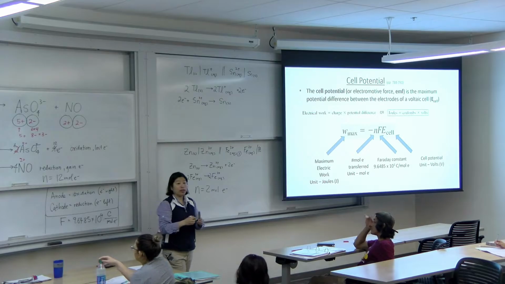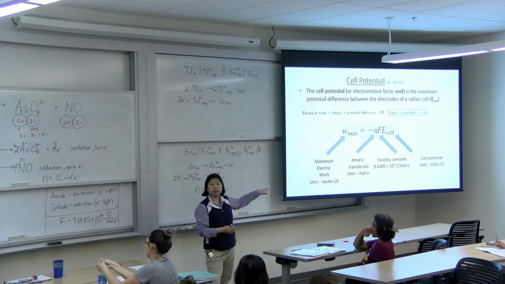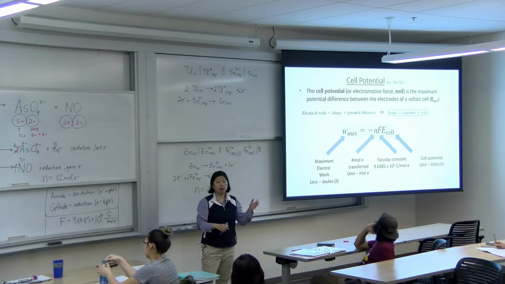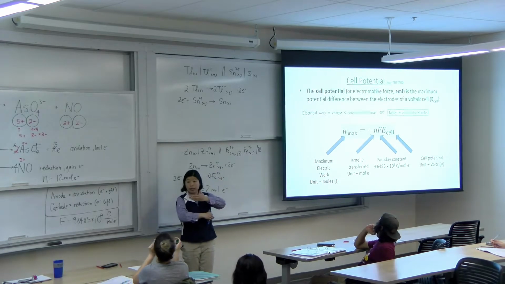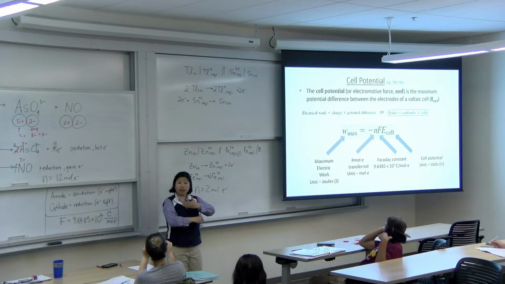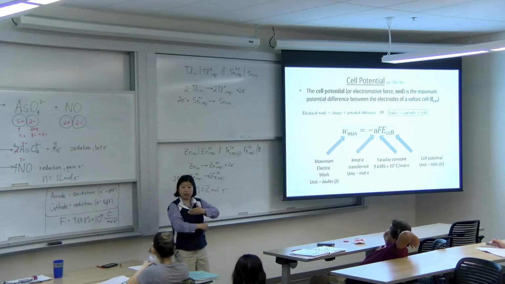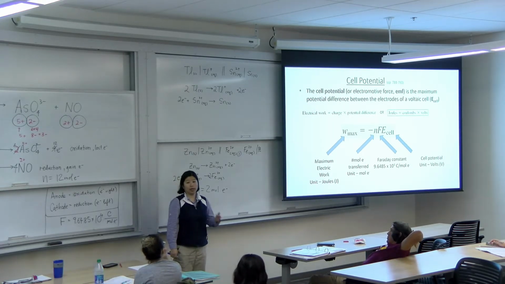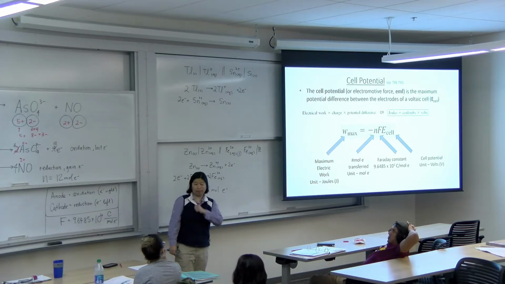If you are going to use this equation, you need to minimally be able to write the half reactions, oxidation and reduction, so that you can figure out what n is. Otherwise, your work will be wrong. Do we understand? All right.